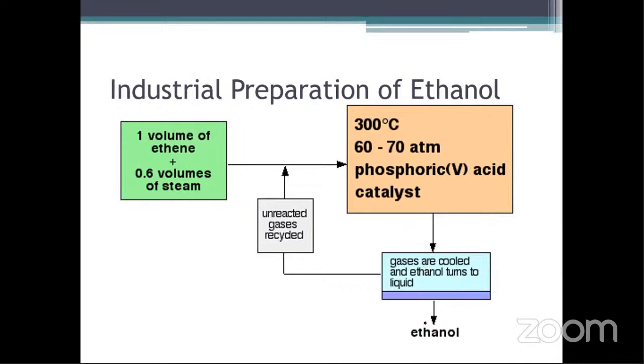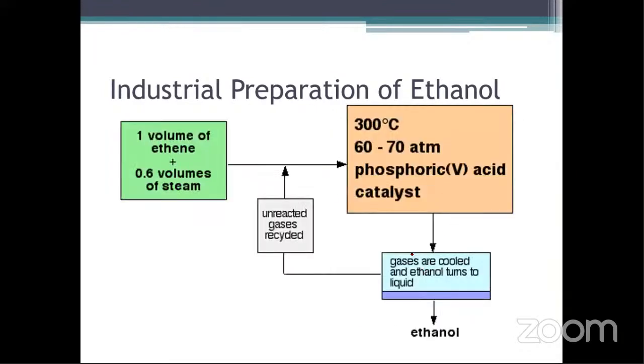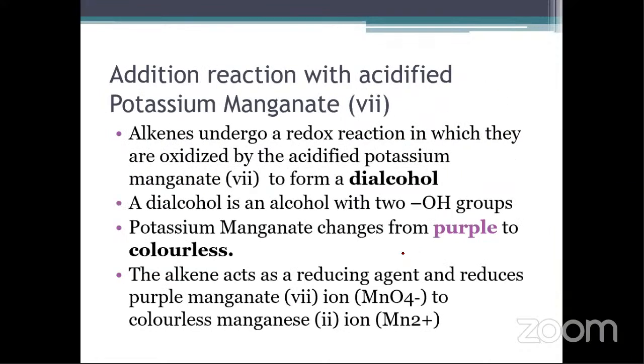So that is how they prepare ethanol industrially. In industry, the yield is very low. So they keep having to recycle the ethene and put it back into the container. So it comes through and you get some alcohol and some ethene, and you put it back in the reactor to get more ethanol and increase the yield.